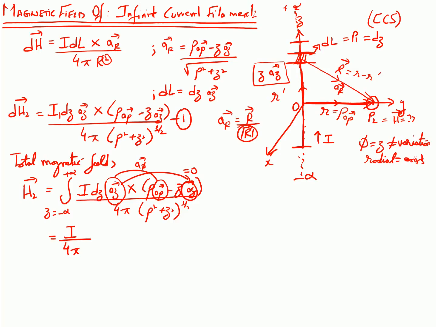So then the coefficient rho can be taken out as well, and we'll be left with minus infinity to plus infinity. The value will be dz with a phi divided by rho square plus z square with the power of 3 by 2.